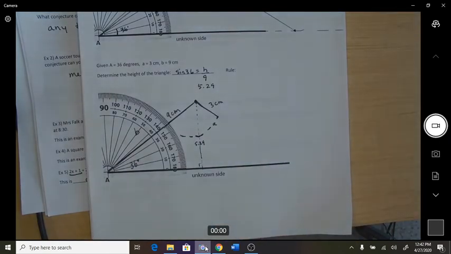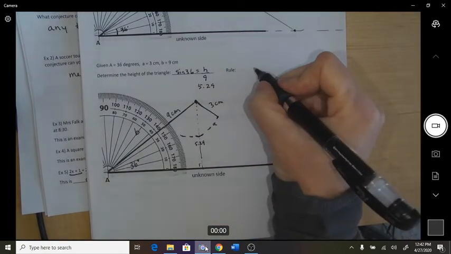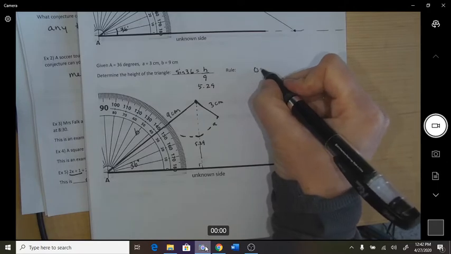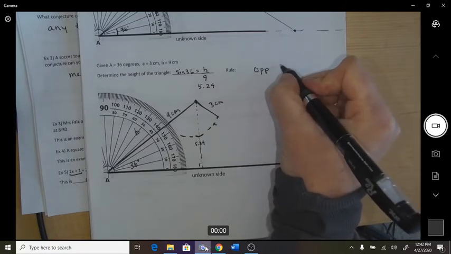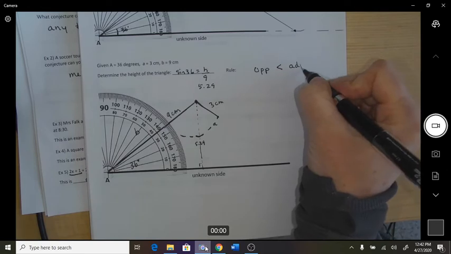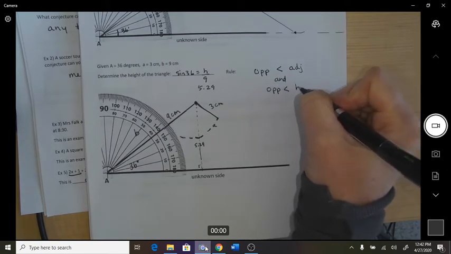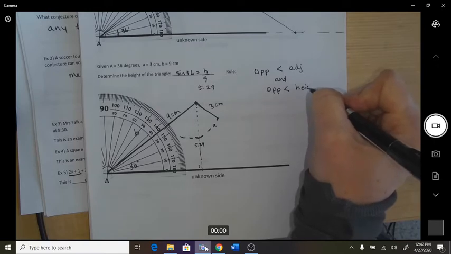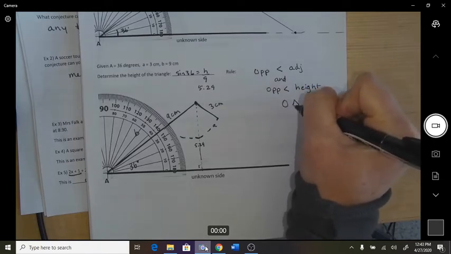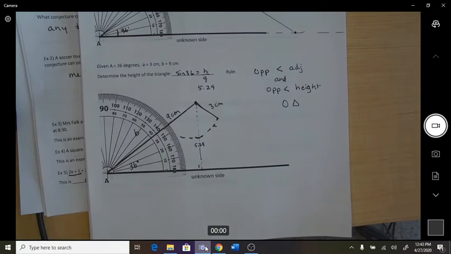So I can't make myself a triangle. So if the opposite side is shorter than the adjacent and it's also shorter than the height of the triangle, then there won't be any triangles that form.